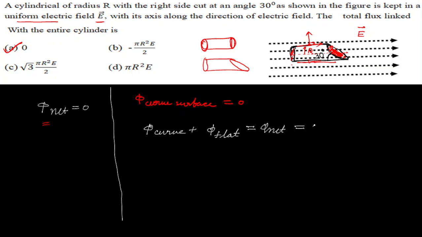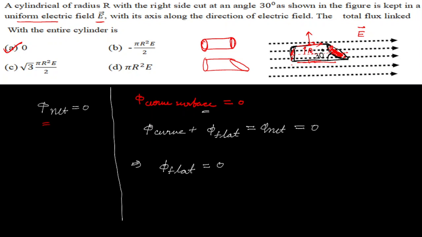So in this case, net flux is 0. So curved surface plus flat surface should be 0. Now the curved surface is also 0, so that simply suggests that the flux through the flat surface will also be 0.